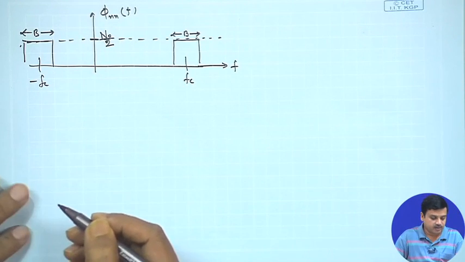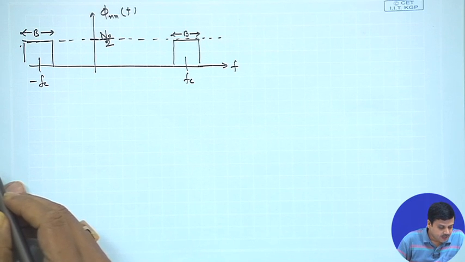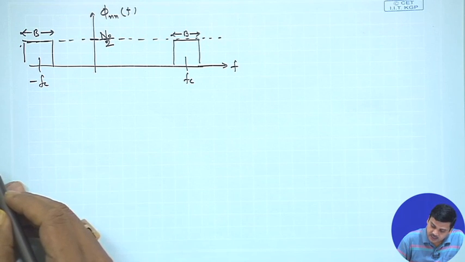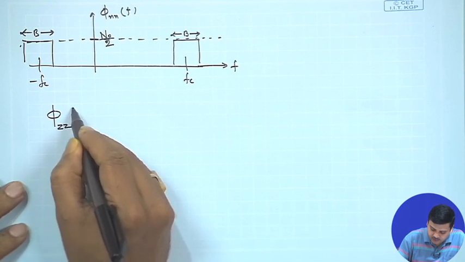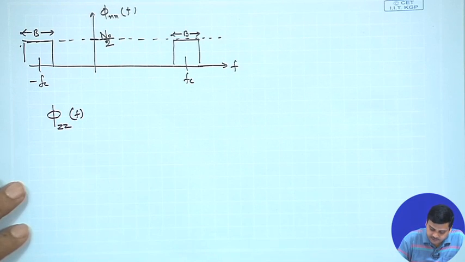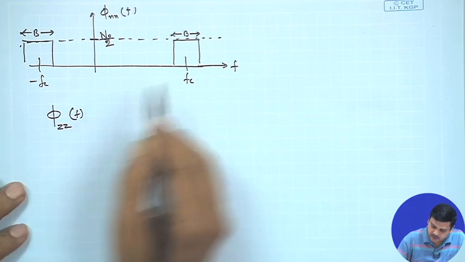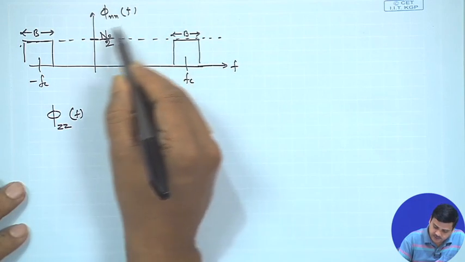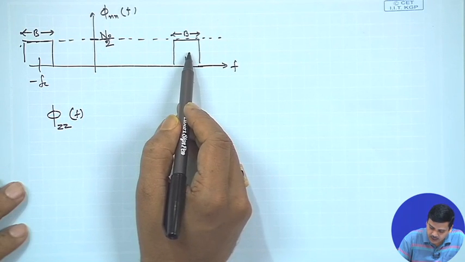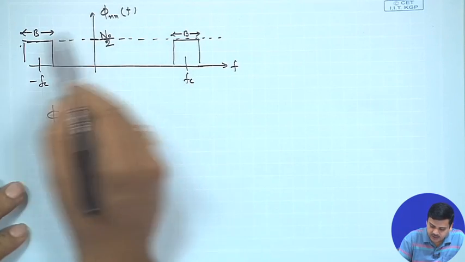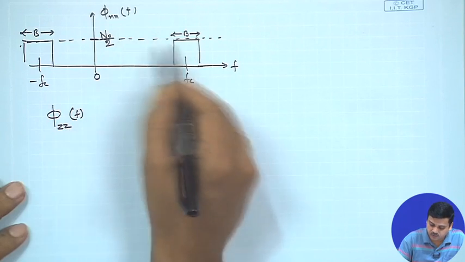So, this is the standard representation of band pass white noise, and what we are interested in now is calculating phi z z of f, which is the equivalent low pass form of this. Clearly from this you can see that it is symmetric, and hence we can reconstruct the whole thing from one side.